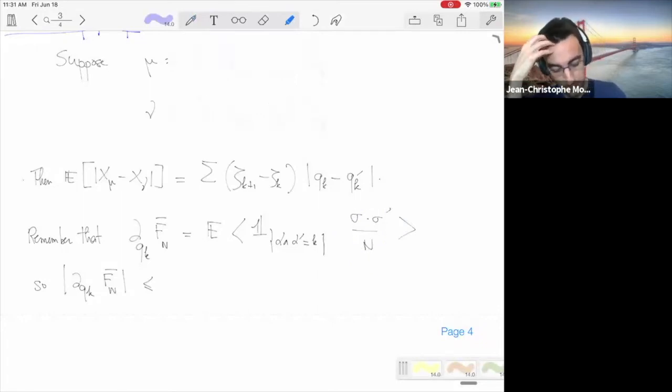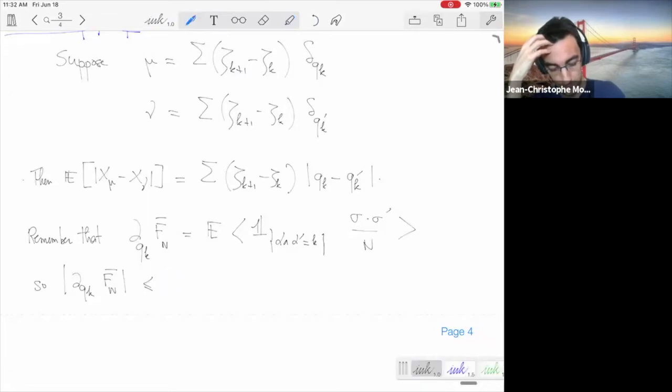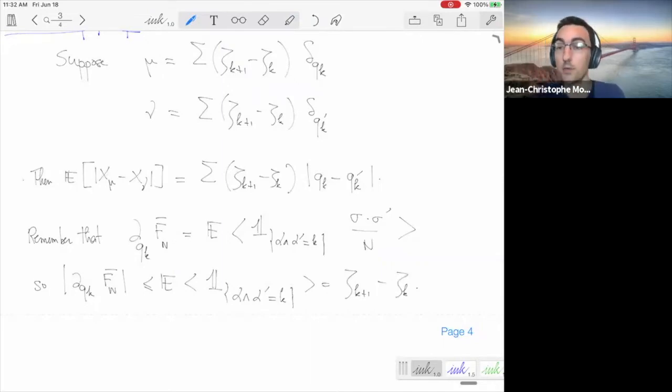So what remains is just the expectation of this indicator function. And this we saw is equal to zeta k plus 1 minus zeta k. Okay, so that's in fact the end of the proof, because in order to move from mu to nu, you're going to just move one variable at a time.